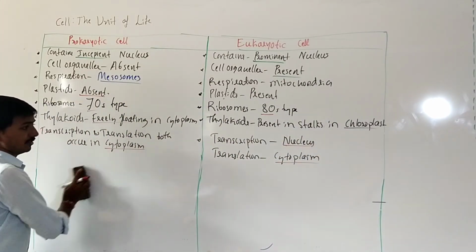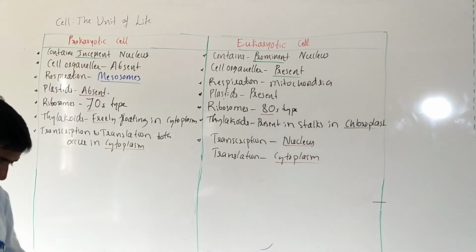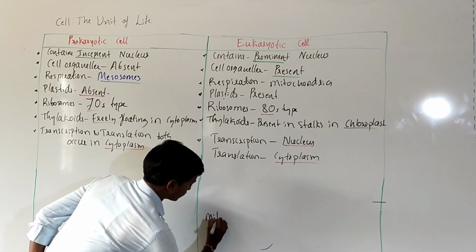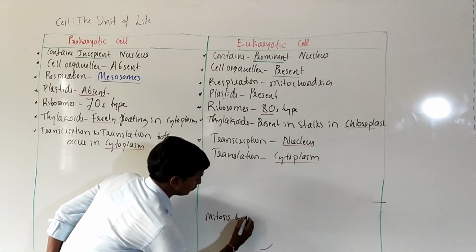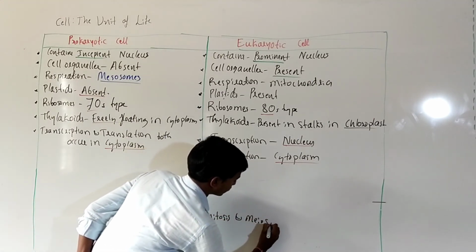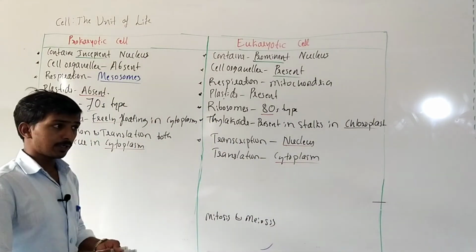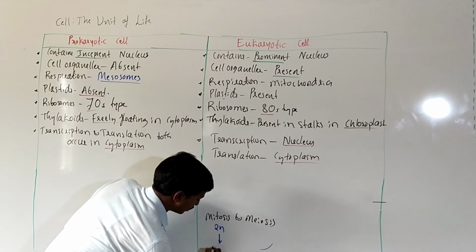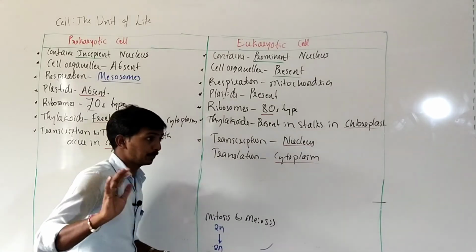Coming to cell division, there are two types of cell division: mitosis and meiosis. In mitosis, the diploid cell after division remains diploid only.